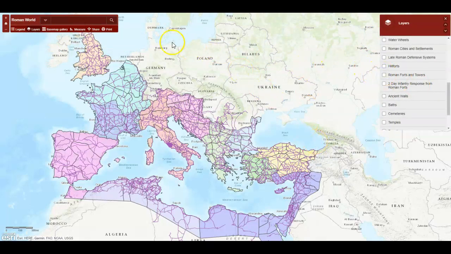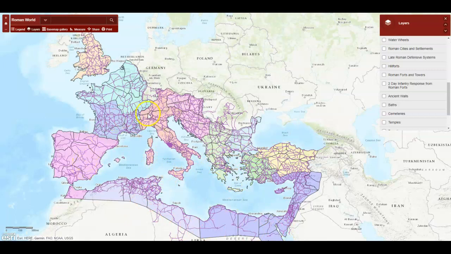So right now, what you can see here on the interactive map is, first of all, the vast amount of land controlled by the Roman Empire, and the borders provided here are showing you some of the modern day countries that would have been in the area where the Roman Empire ruled during this time period.